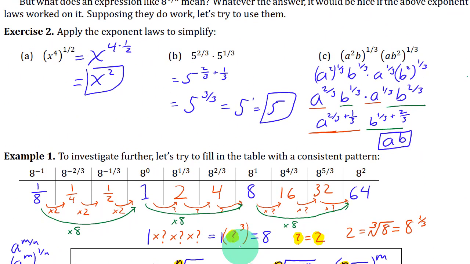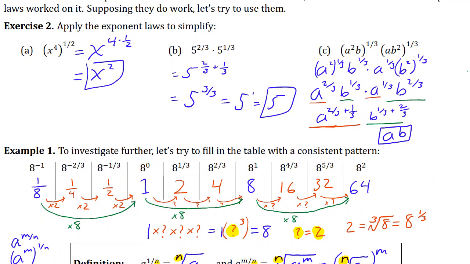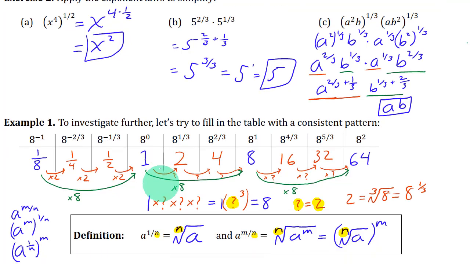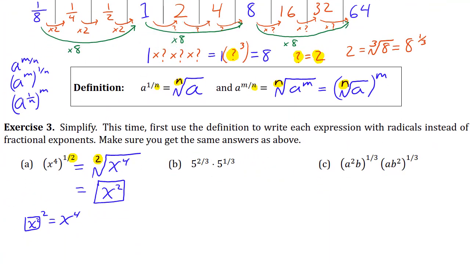Is that what we did up here? X to the 4 to the power 1/2, we just multiplied them. So multiplying by 1/2 is basically the same as dividing by 2. So 4 divided by 2 is 2. Now, taking the square root of this means we want to find something that we can square, which means something with an exponent that you can multiply by 2 to get 4.